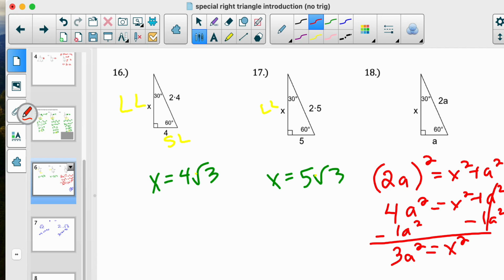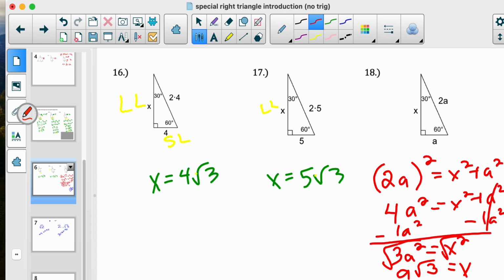And how do we get x by itself? Square root. So x is now by itself. The square root of 3a squared can be simplified to pull the a out front because it's a squared. The square root of a squared is a. Now the square root of 3 stays.